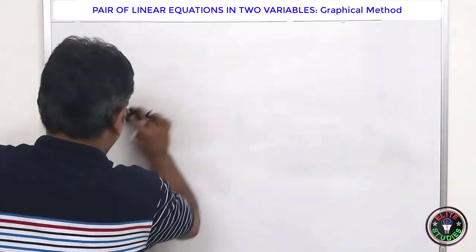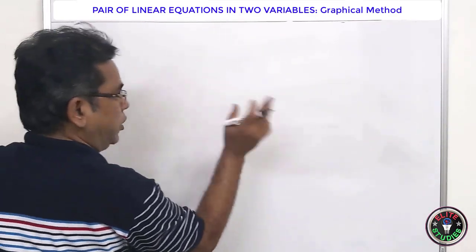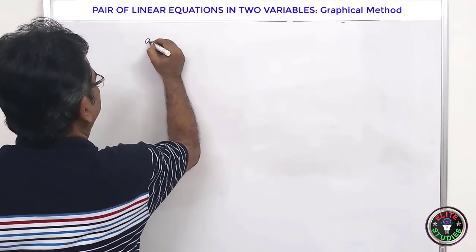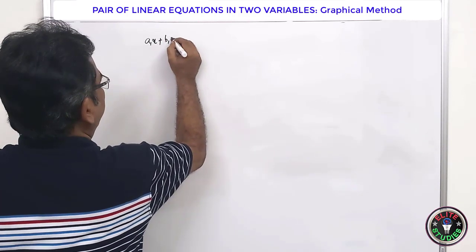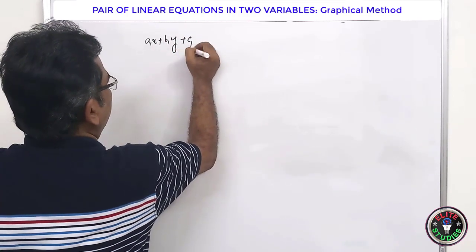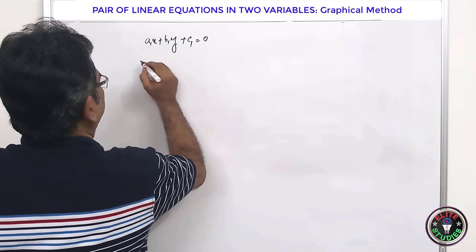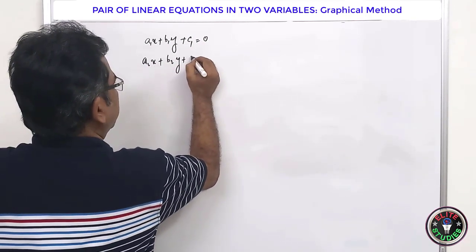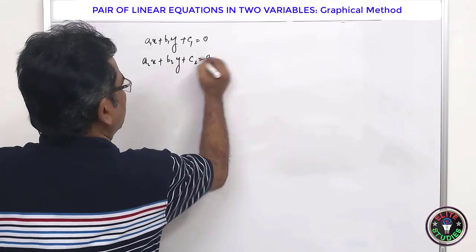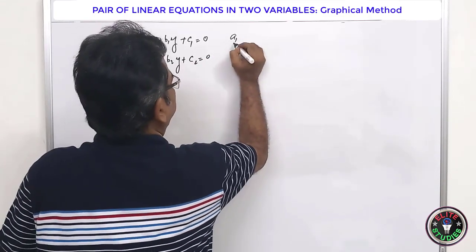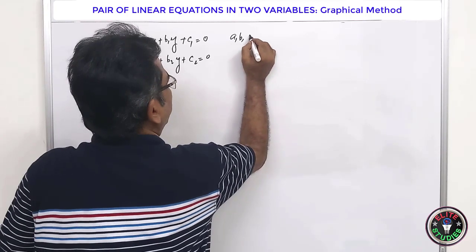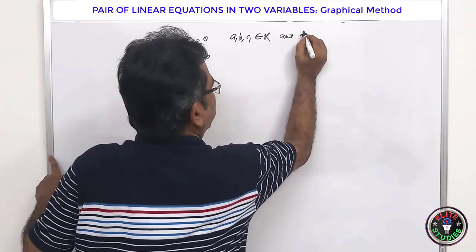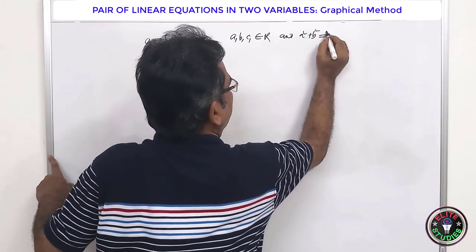Now there will be two given equations. Suppose a1x plus b1y plus c1 is equal to 0, and a2x plus b2y plus c2 is equal to 0. Here the conditions: a1, b1, c1 belong to real numbers and a1 square plus b1 square is not equal to 0.